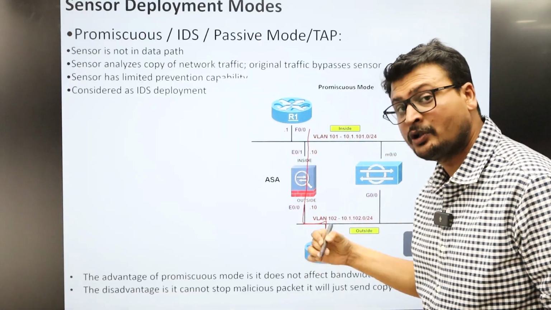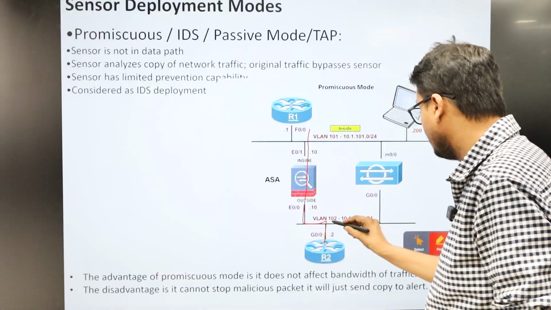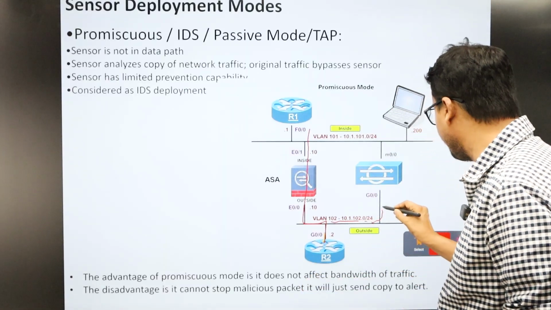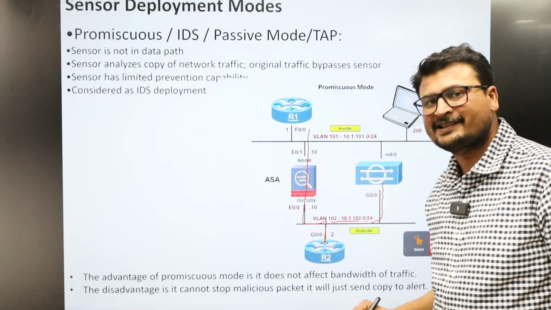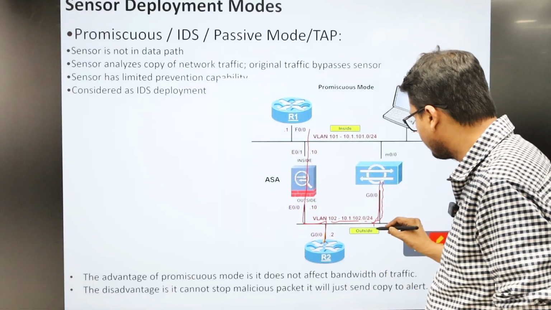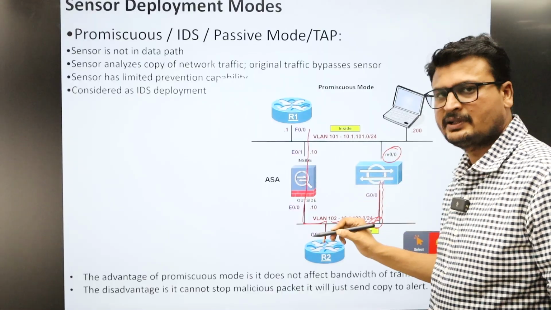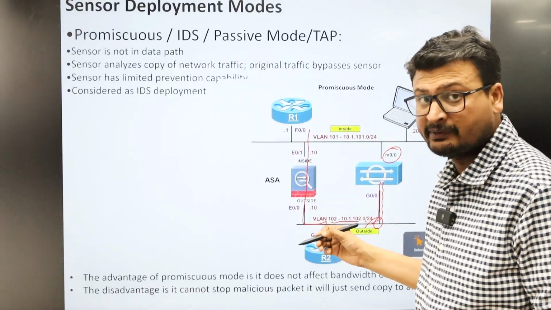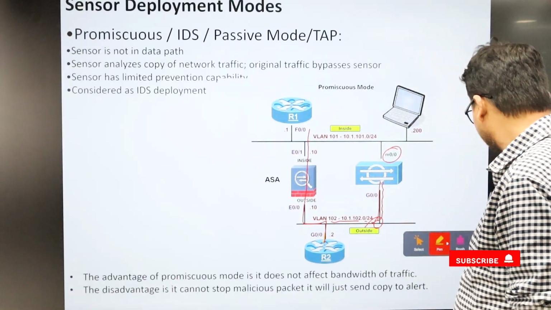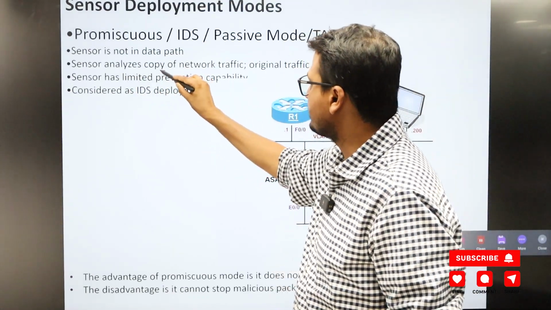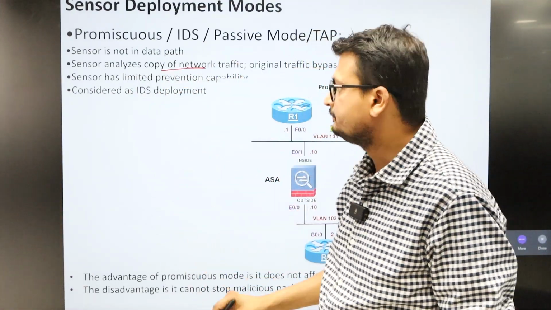At the same time, on a switch, we configure a copy of packets, right? And the copy of the packet will come like this to your sensing interface. We have only one sensing interface connected here. This is the management interface, right? Through which we control the IPS device, right? So it's very clear. The sensor analyzes a copy of network traffic.